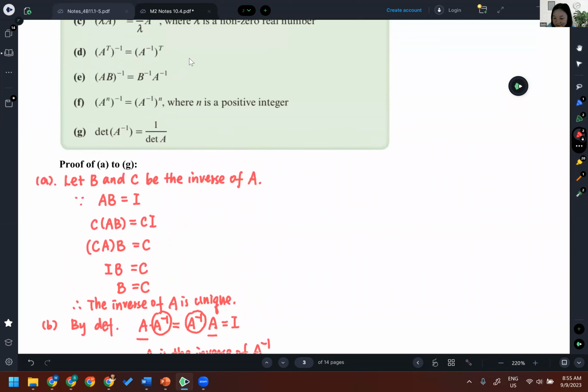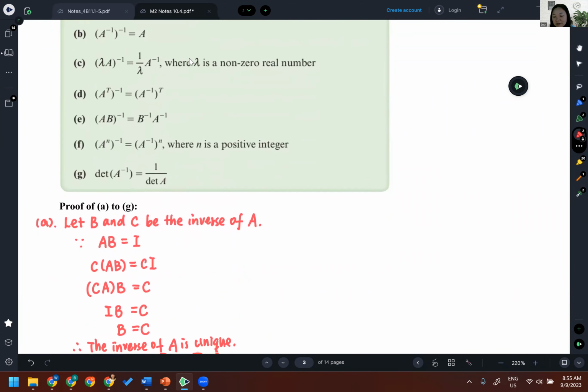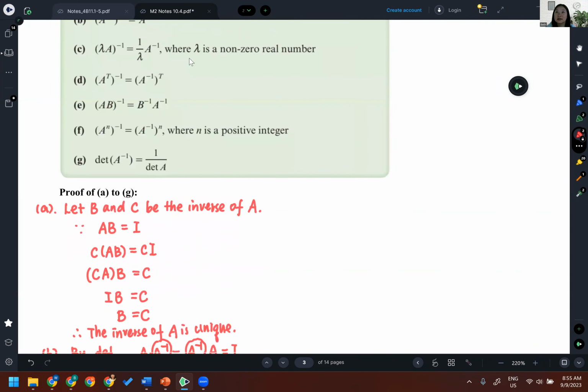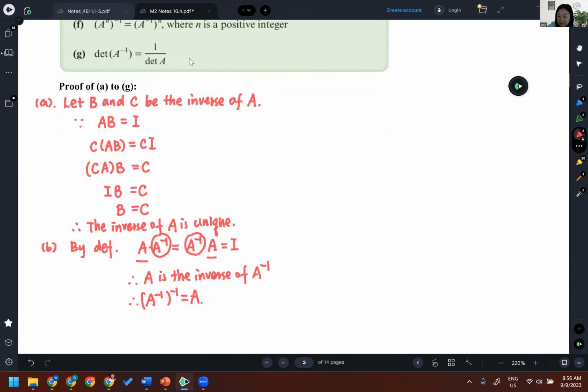Moving on. 3. Lambda times A. Lambda is a scalar value, a number. The inverse of lambda times A is 1 over lambda times A inverse.